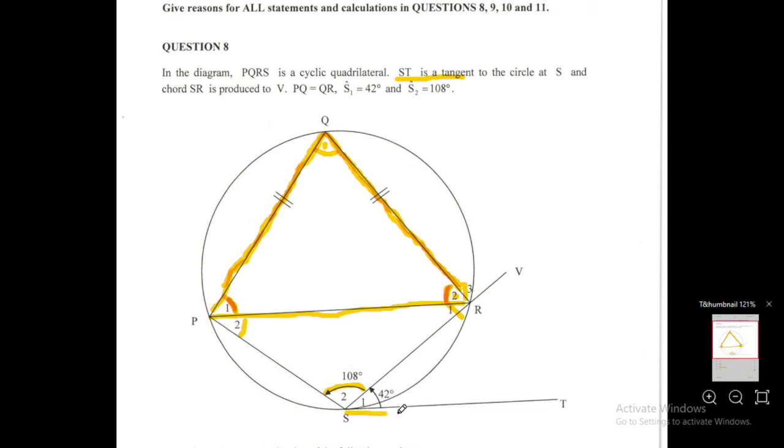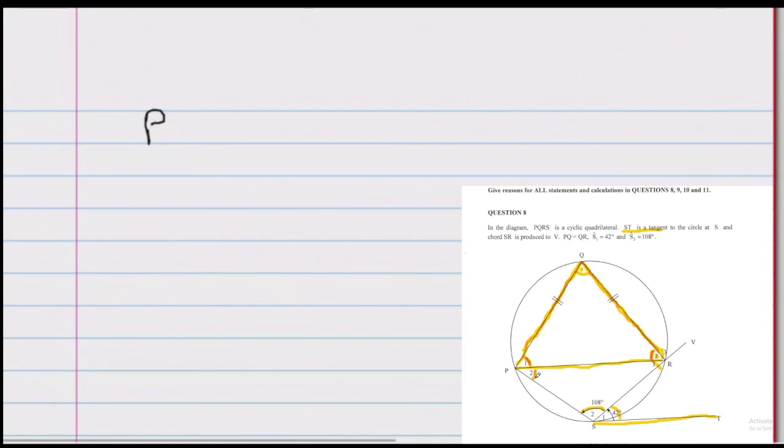ST is our tangent, meaning we can have a look at this angle and this angle too, and simply say P2 equals S1.